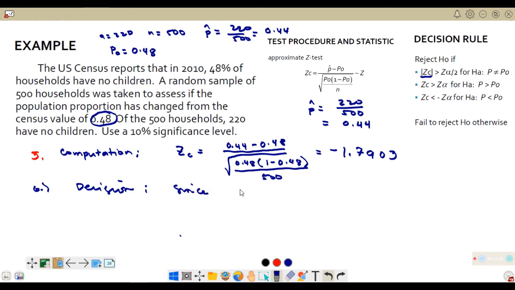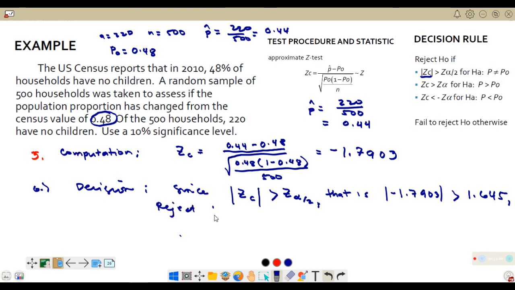Since z computed, or the absolute value of z computed is greater than z alpha over 2, that is, the absolute value of negative 1.7903 is greater than 1.645, yung critical region natin or critical value natin, we can reject H0.